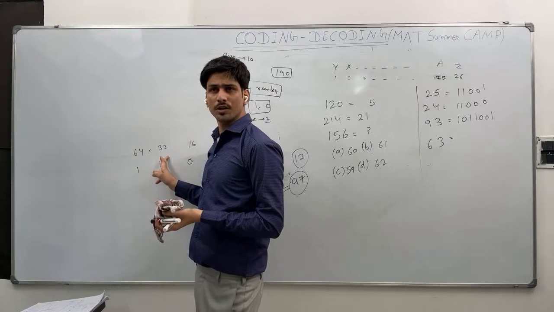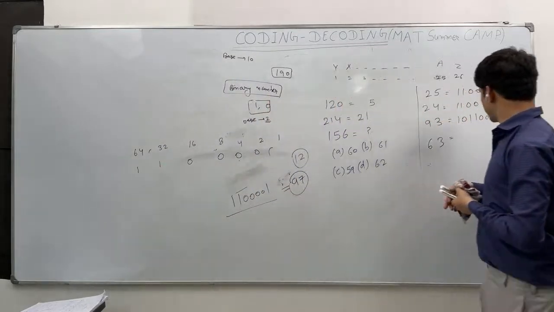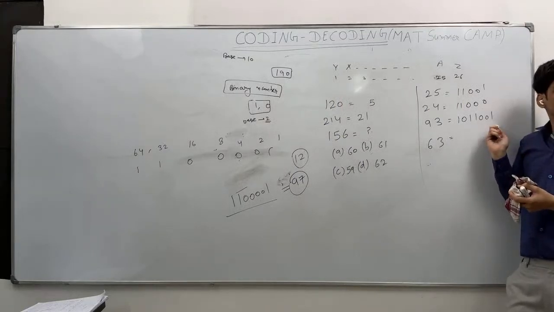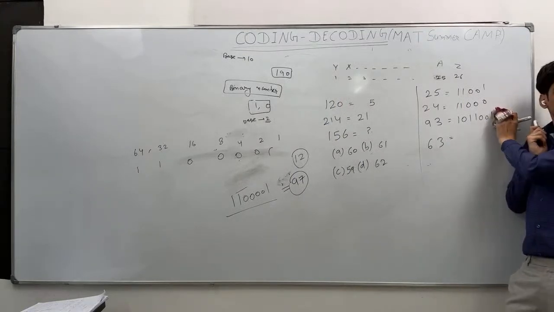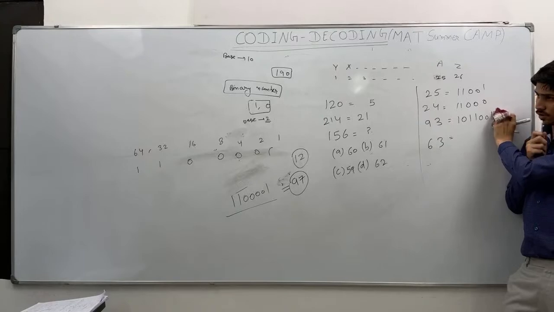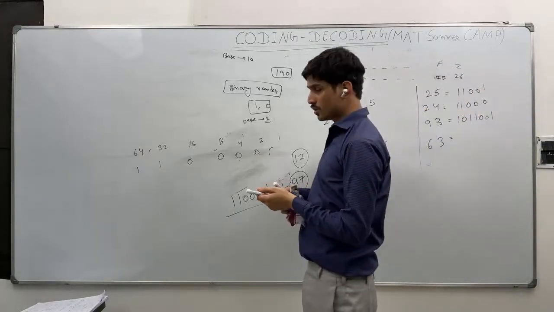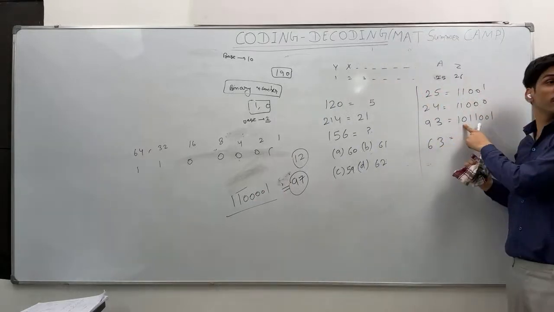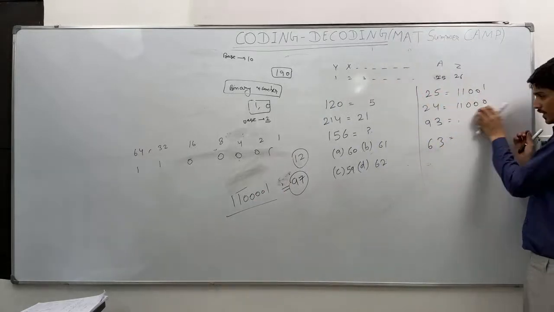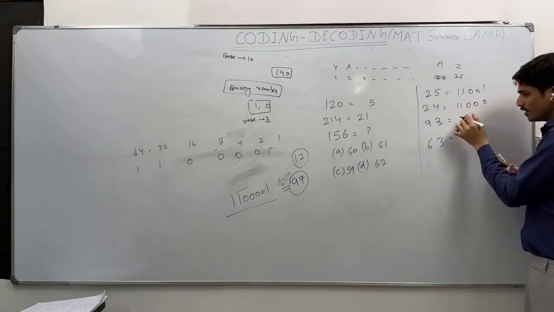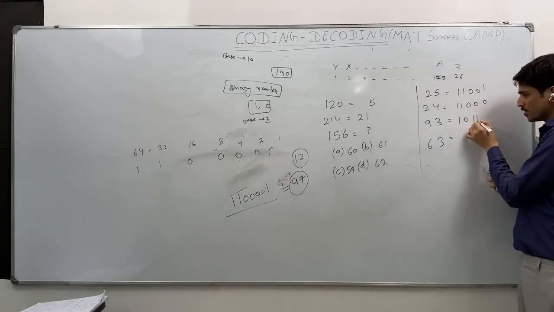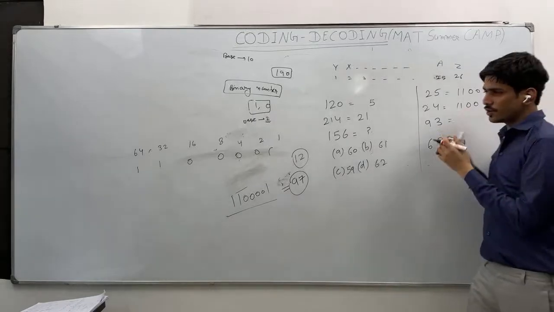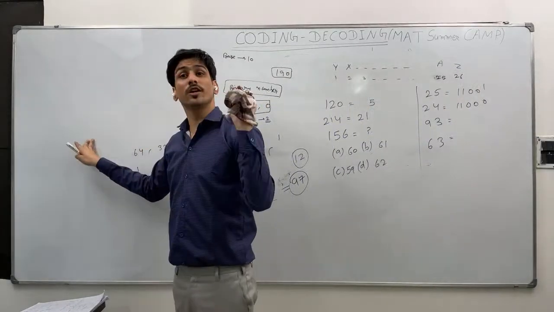Are you getting my point? This is actually the mistake you are making. After 64, what will come? 128.